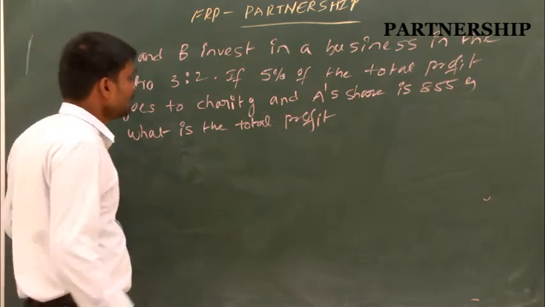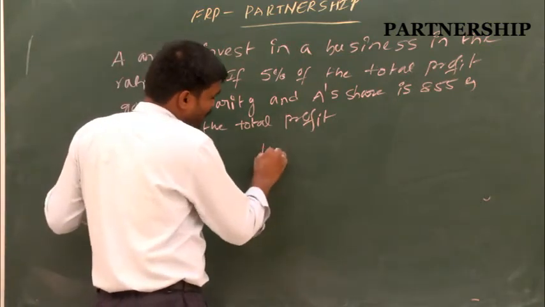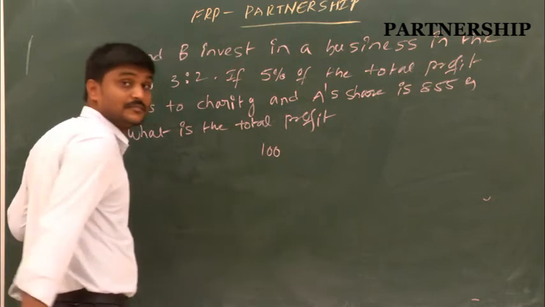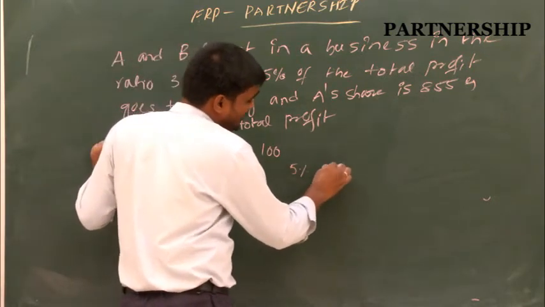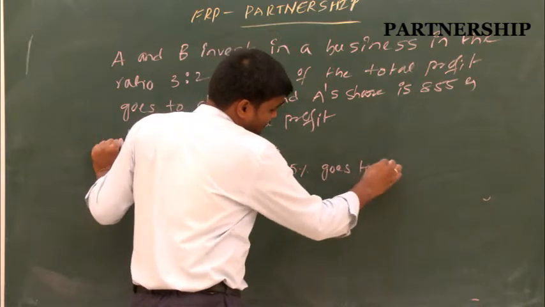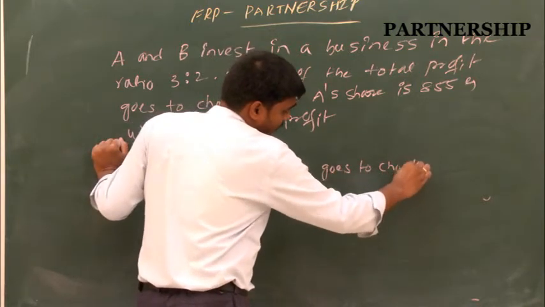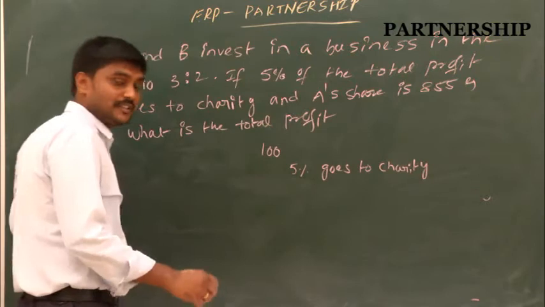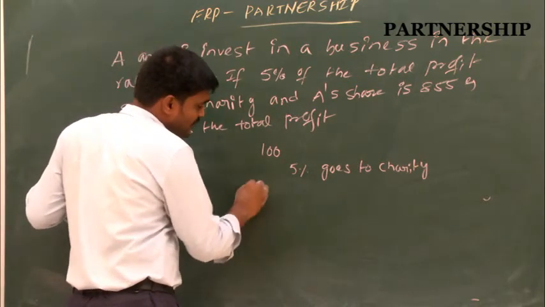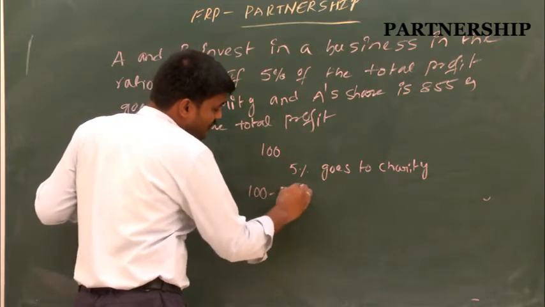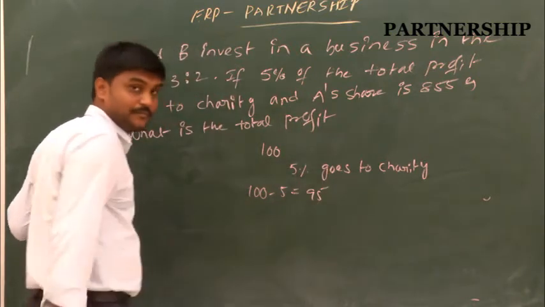Suppose we take the total profit as 100 rupees. 5% goes to charity, that is 5 in 100. So 100 minus 5 equal to 95.